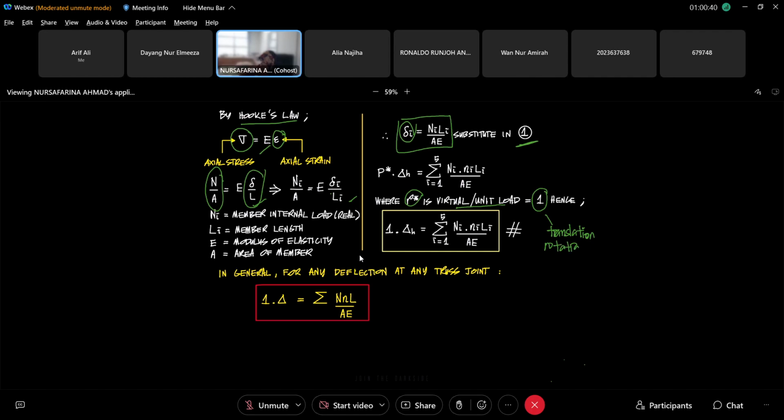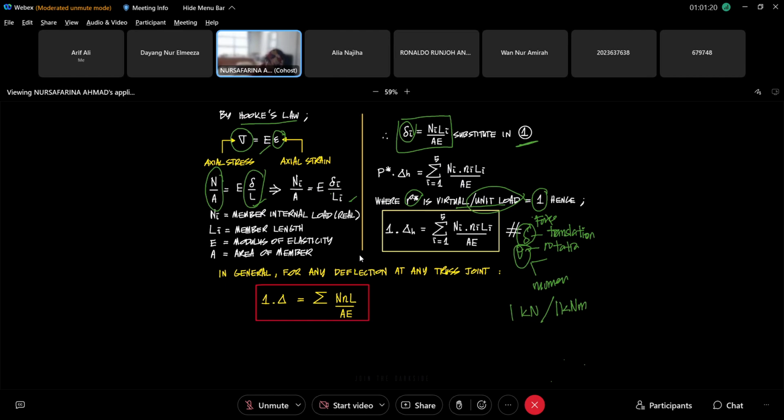Translation means the deflection, due to force. Rotation is due to moment. So 1 unit load can be 1 kilonewton or 1 kilonewton meter, because rotation is a part of displacement or deflection. So you substitute 1.